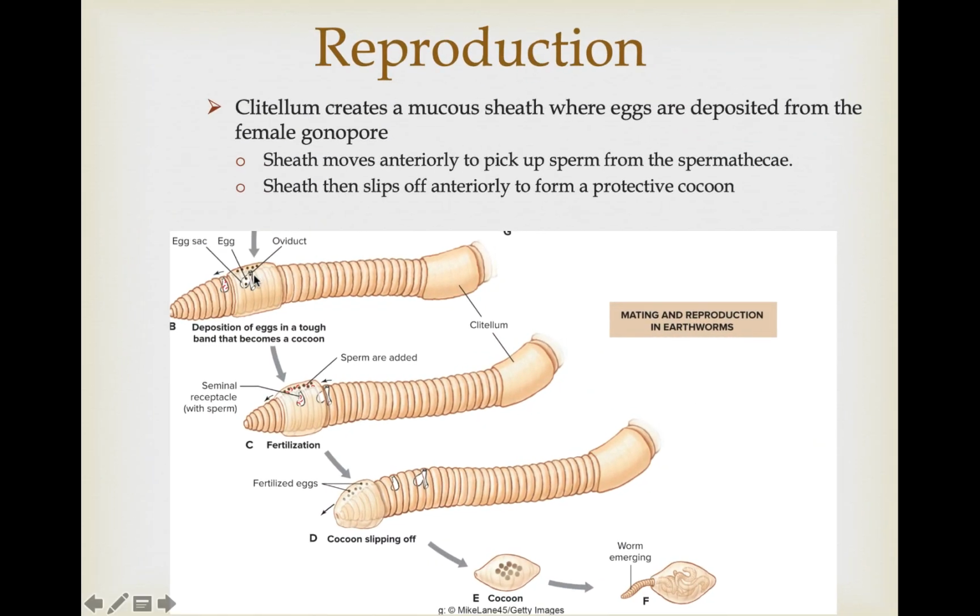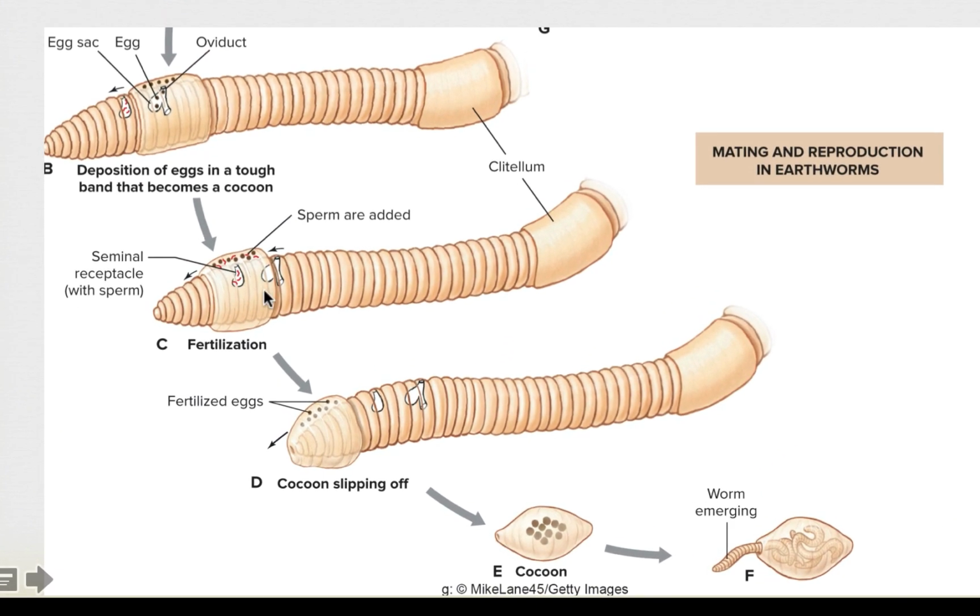The clitellum also ends up producing this mucus sheath that rolls off the anterior part of the organism, capturing eggs that have been fertilized during this process using the sperm from the spermatheca that received from the other individual. They use those to fertilize eggs that are then deposited into this mucus sheath as it passes anteriorly.